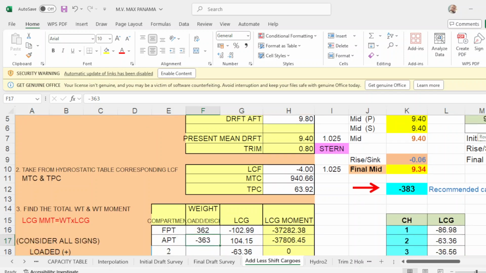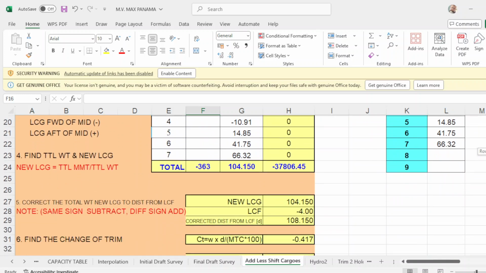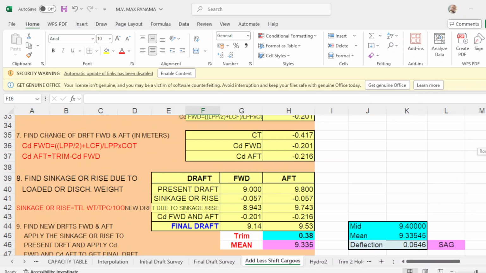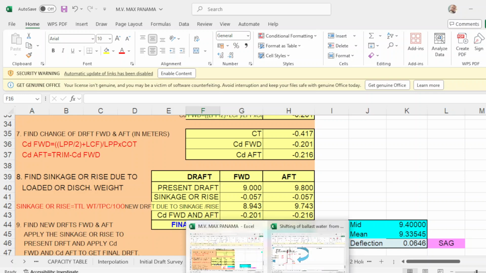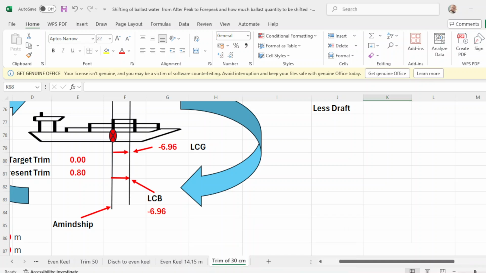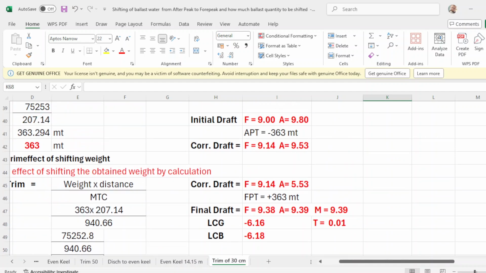Okay, then the first thing you do is take out ballast in after peak. Take out this one. Now you are discharging 363 ballast in after peak. What will be your drop now? Your forward is 9.14 and up drop is 9.53. That is the same here.